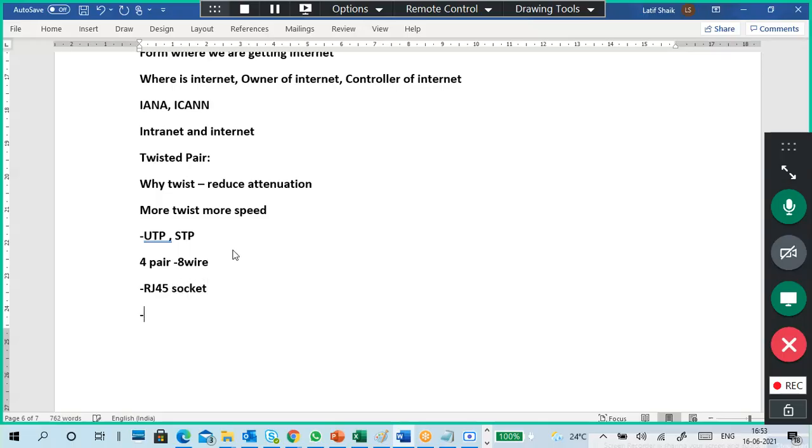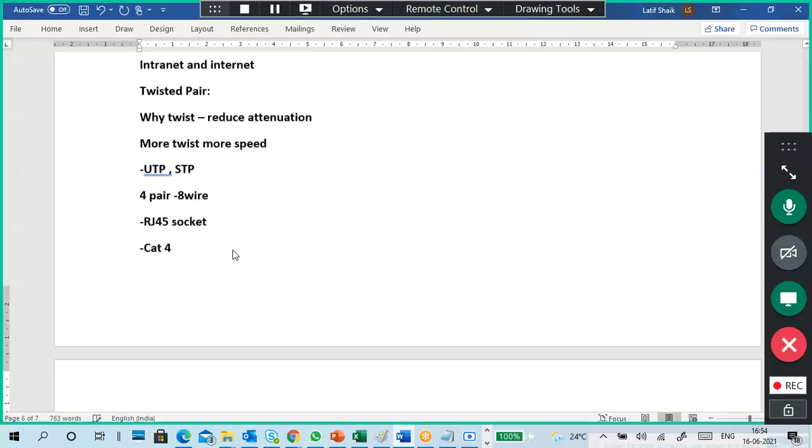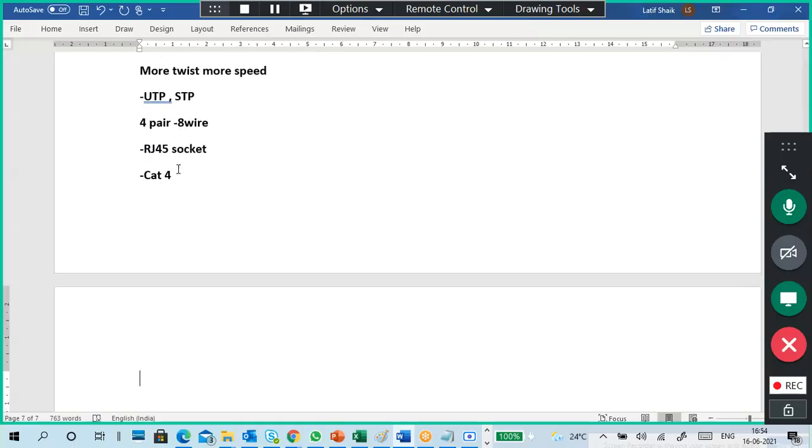These UTP and STP cables come in different categories: Cat 1, Cat 2, Cat 3, Cat 4, Cat 5, Cat 5e, Cat 6. Cat 7 is also released, but up to here, Cat 5 and Cat 6 are the important cables.